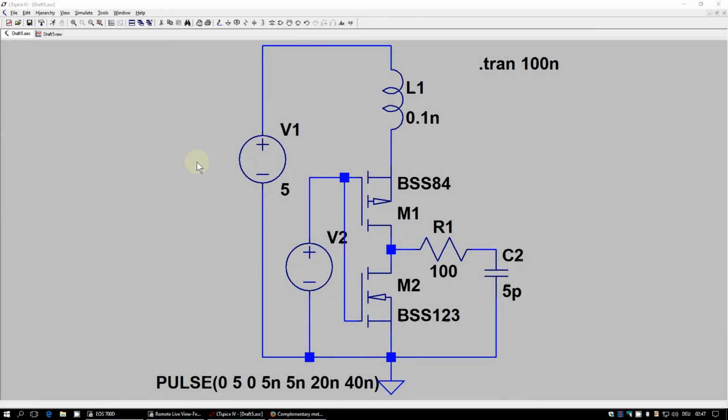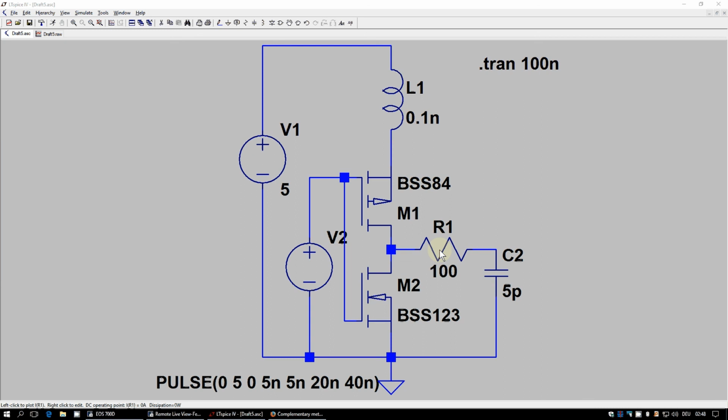So here we have our simplified CMOS output stage, with our pair of P-channel and N-channel MOSFETs. I've chosen just two logic-level P-channel and N-channel MOSFETs available in the LTSpice libraries. So the simulation result depends heavily on which transistors you choose.